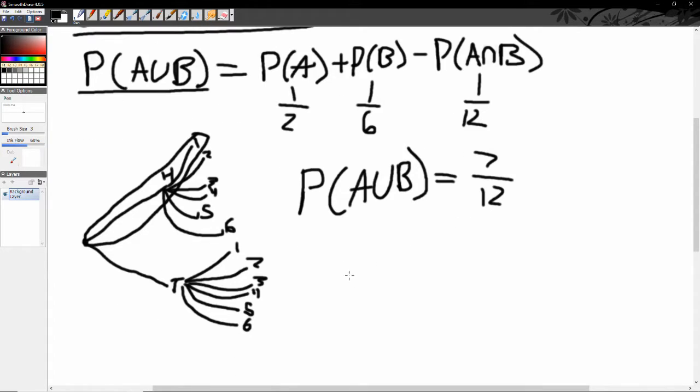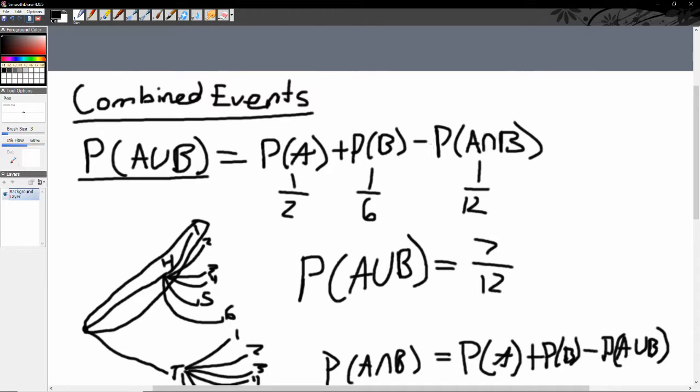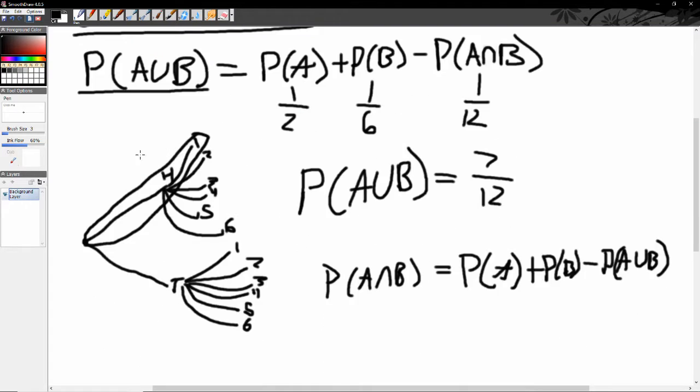You can rearrange this equation to write the probability of A and B is equal to the probability of A plus the probability of B minus the probability of A or B. You can get to this by simply rearranging this algebraic equation, adding A and B to both sides and subtracting A or B from both sides.